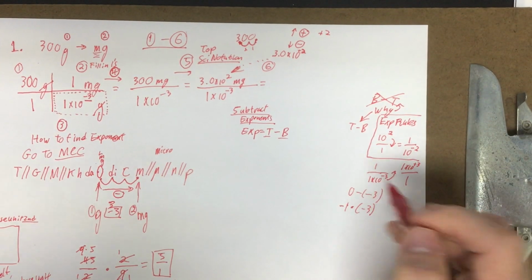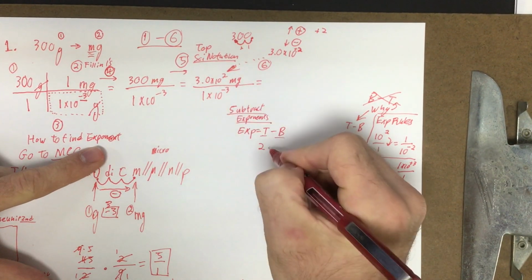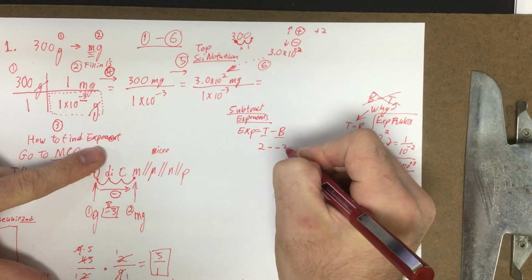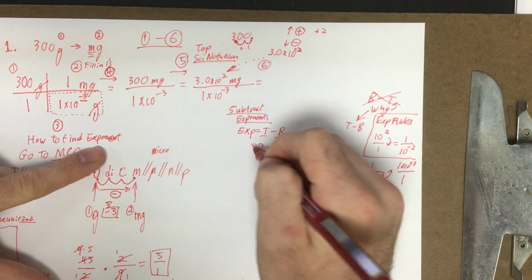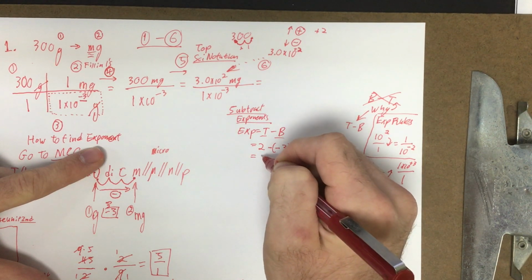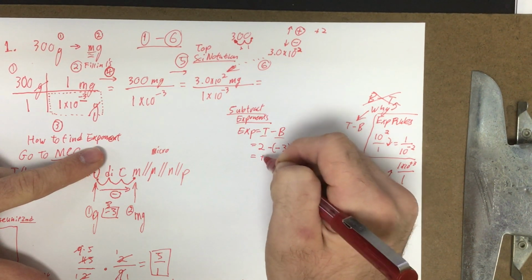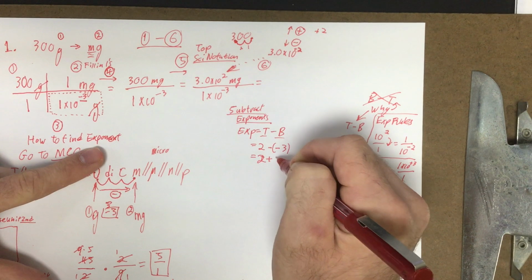All right, so if we do this, we've got 2 in the top minus negative 3 on the bottom. And it is important that we do a minus and negative. So 2 minus negative 3 is positive, because it's really 2 plus 3.